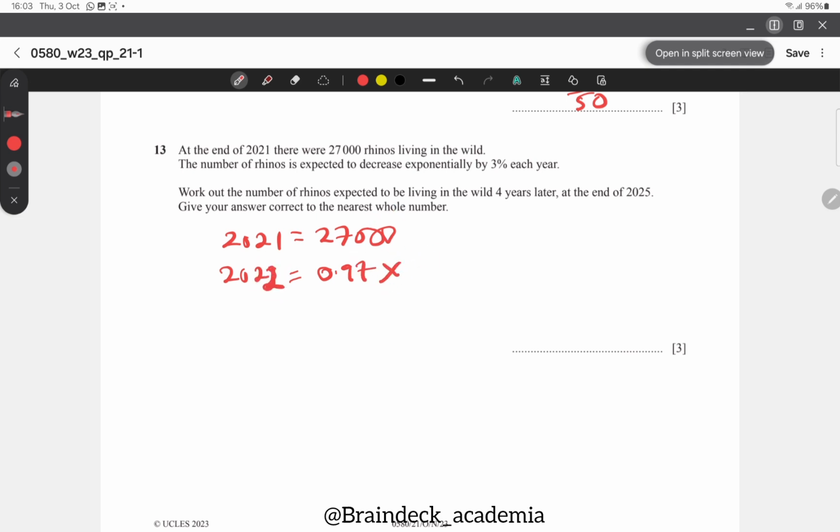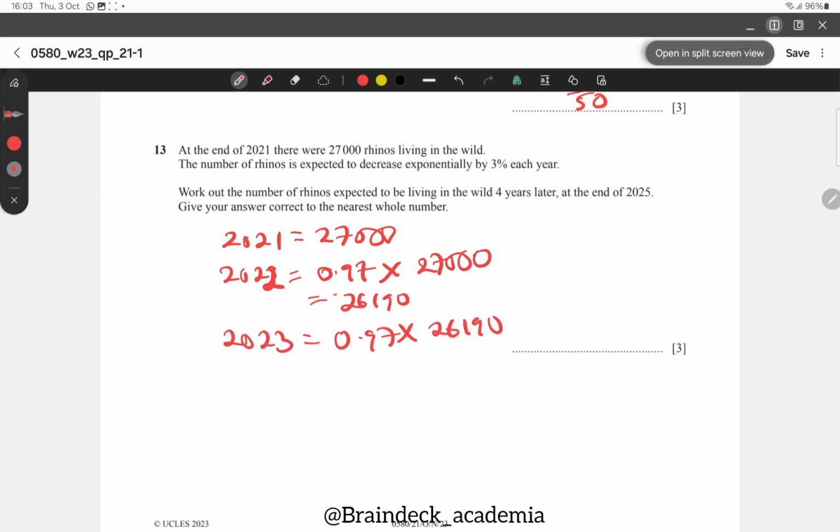So we are looking for 2022. So 0.97 times 27,000 will give us a total of 26,190. In 2023, 0.97 times the total number we have in 2022.